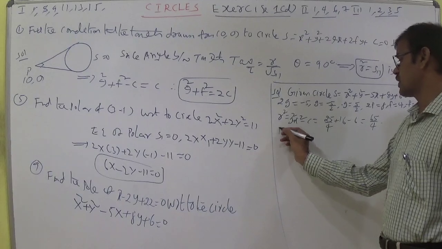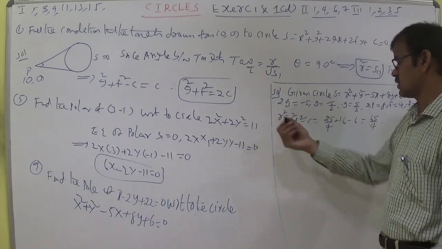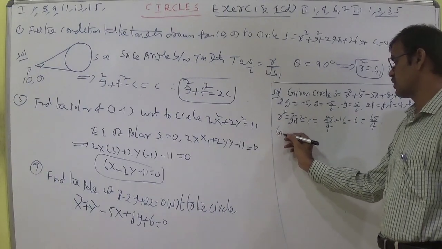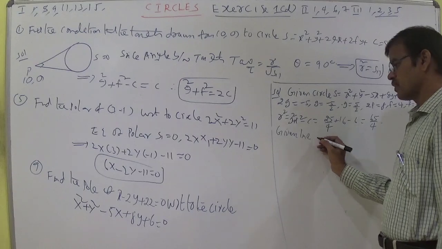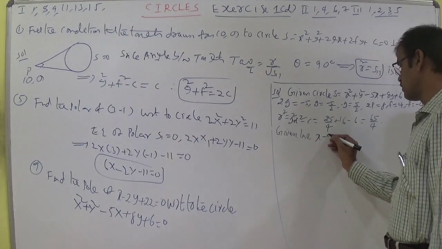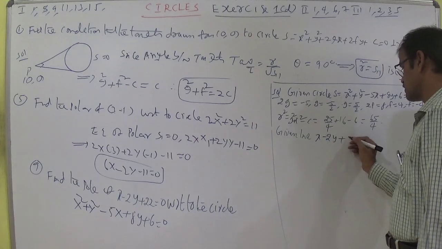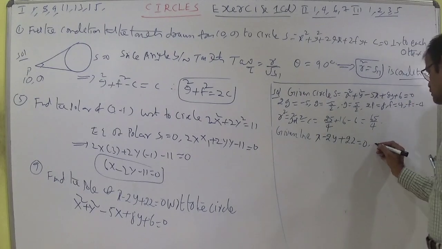Using the line Lx + My + n model, let us write the given line also. Later we can write the pole formula. Given line of the form Lx + My + n = 0. It is x - 2y + 22 = 0.